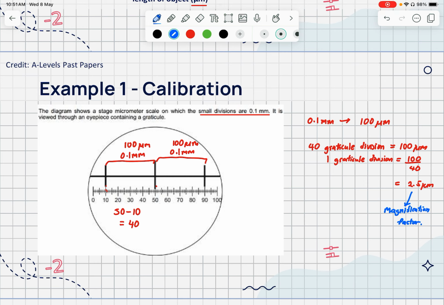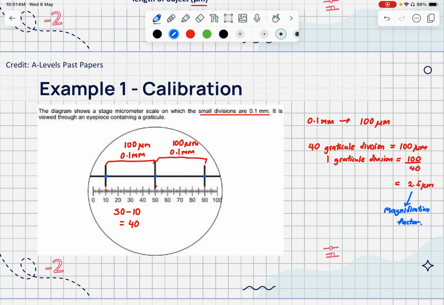So now we repeat a second time. This question says that the stage micrometer scale has small divisions with a length of 0.1 millimeters. What this tells you is that between this point and this point is 0.1 millimeters, and from this point to another point is also 0.1 millimeters.